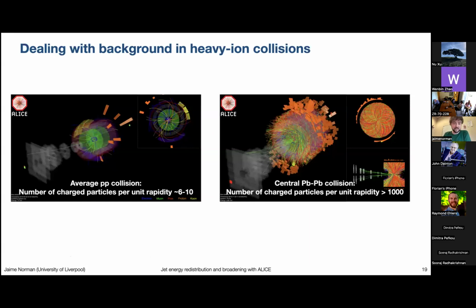And then finally, dealing with background in heavy ion collisions. In proton-proton collisions, very few charged particles are produced, whereas in central lead-lead collisions, we get a huge number produced. These event displays of ALICE really show how much background we have in heavy ion collisions.